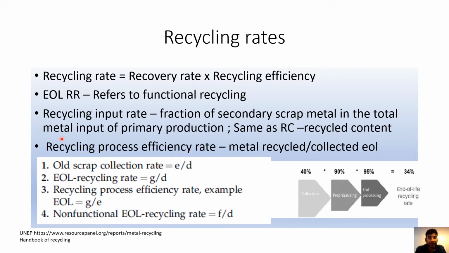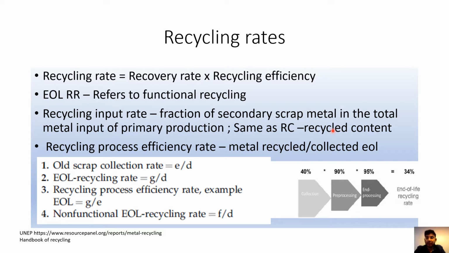Okay. And then the other important terminology is recycled content. It's a really important terminology. So let's say tomorrow all the mines that produce rhenium, the metal, completely close. And the only way we could produce rhenium is from end of life products.